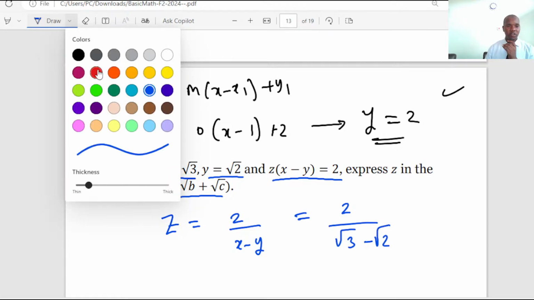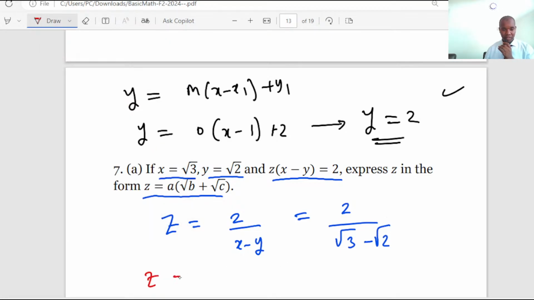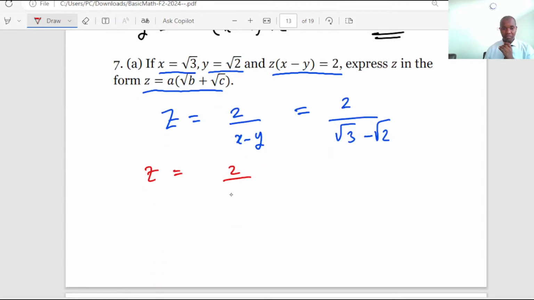So what you do, you are going to rationalize the denominator, and this is going to be the same as putting 2 over square root of 3 minus square root of 2.